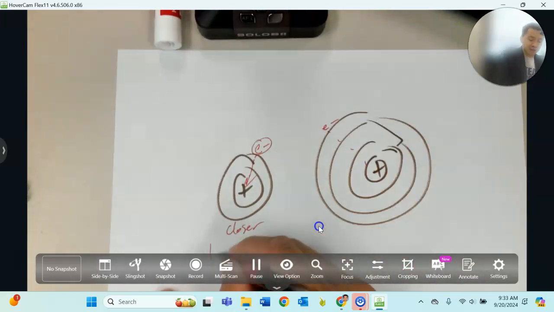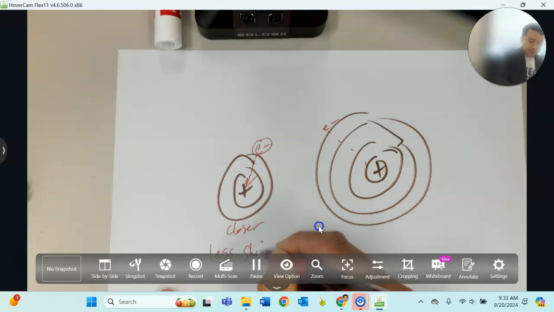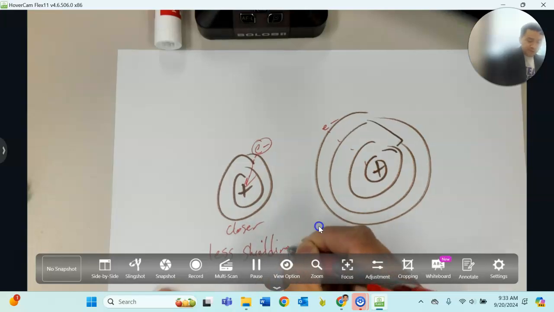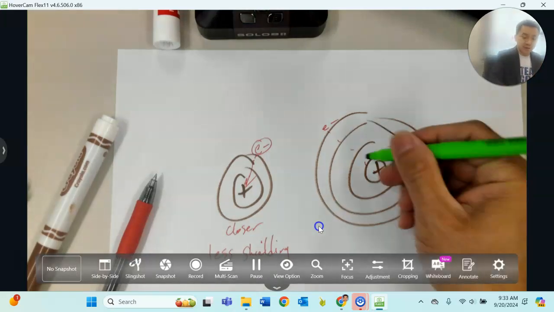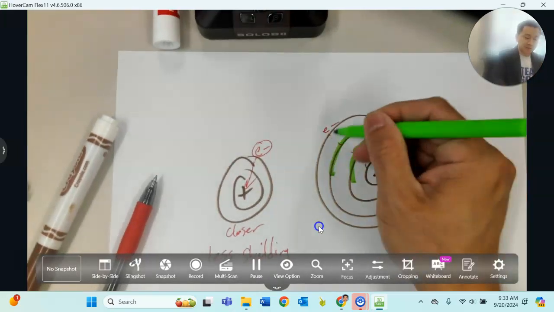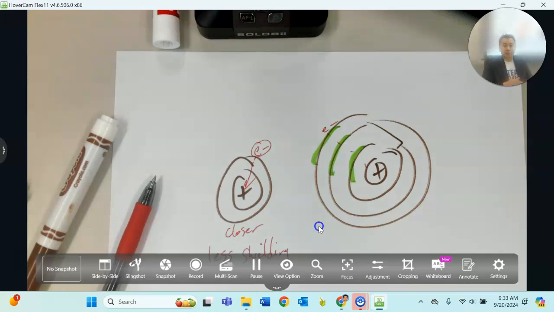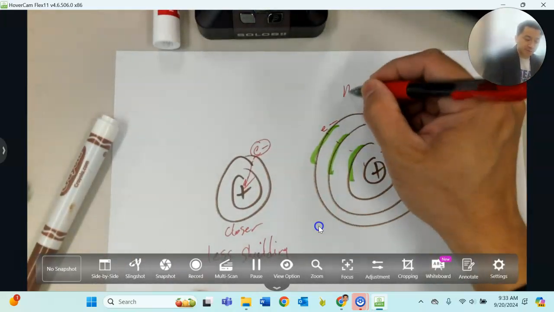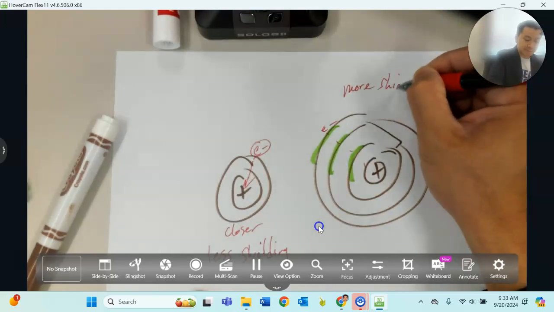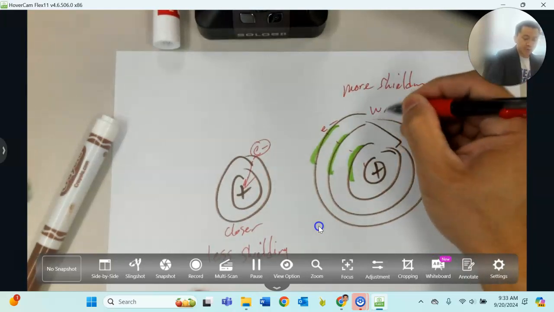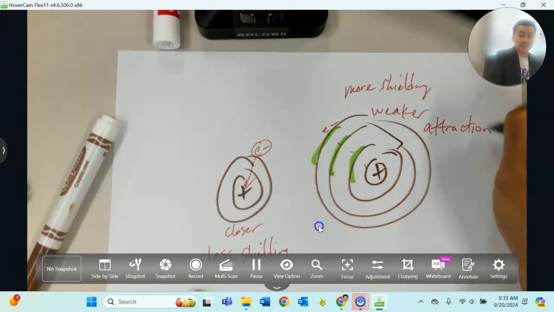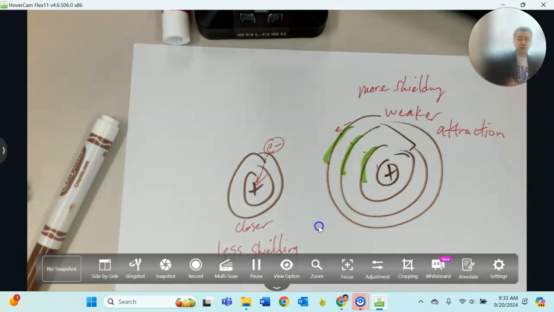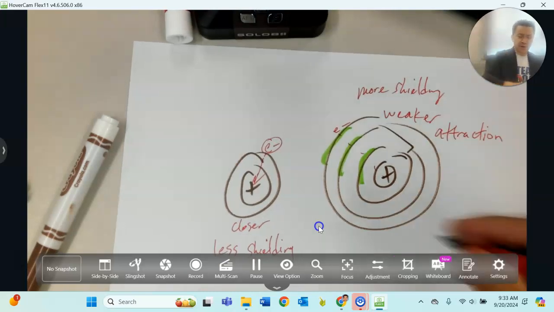Closer means less shielding. And again, shielding is basically these electron shells here reducing the amount of attraction to the nucleus. So there's more shielding on the bigger atoms. So there's a weaker attraction for the bigger atoms, right? Weaker attraction for bigger atoms because they're far.